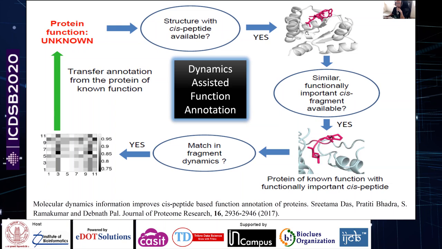Then we took just the dynamics of the proteins and identified the autocorrelation vectors for the cis peptide segments. We did the function annotation independently, and then we saw what happened if we combined it.